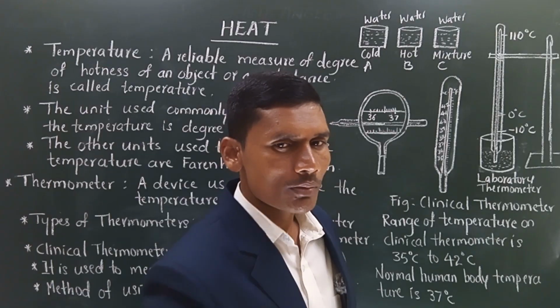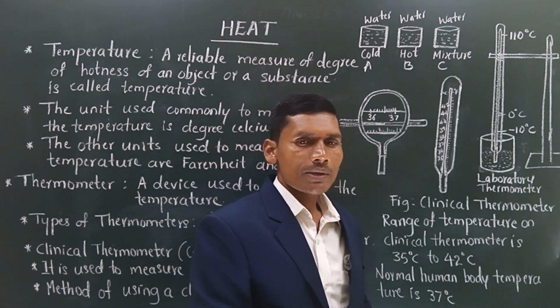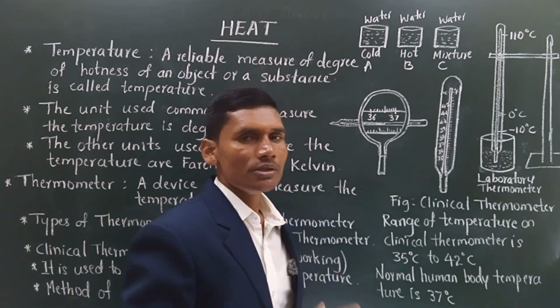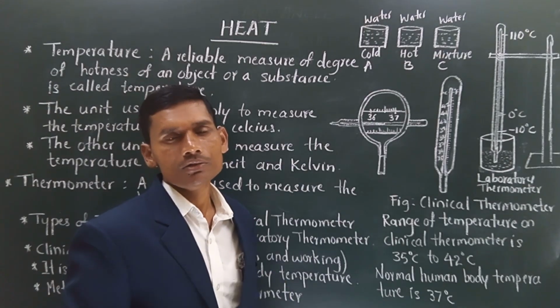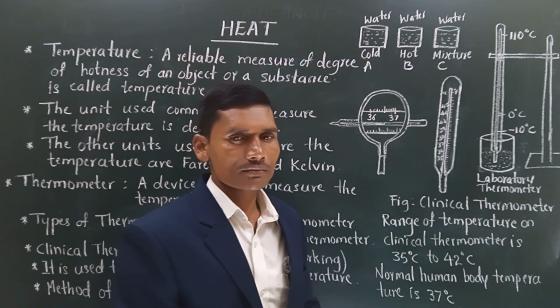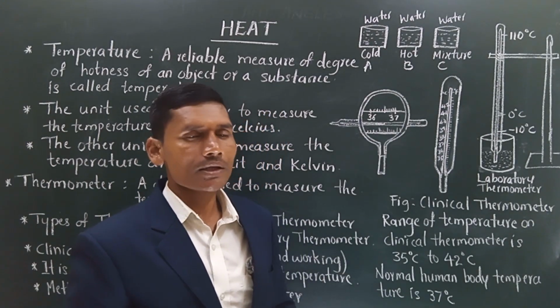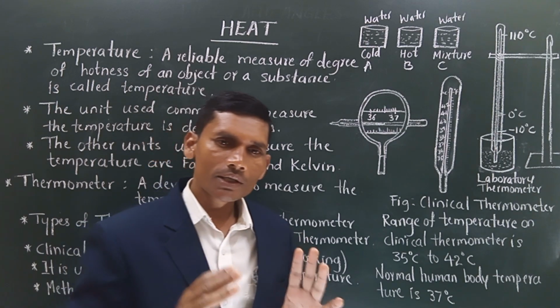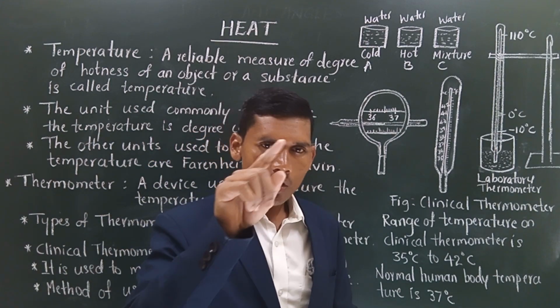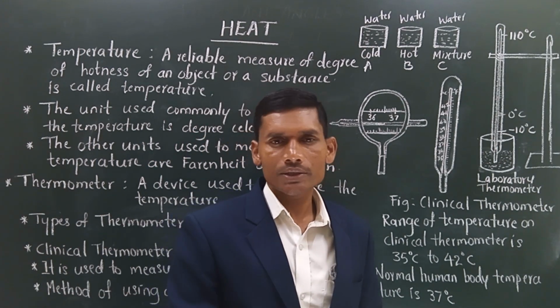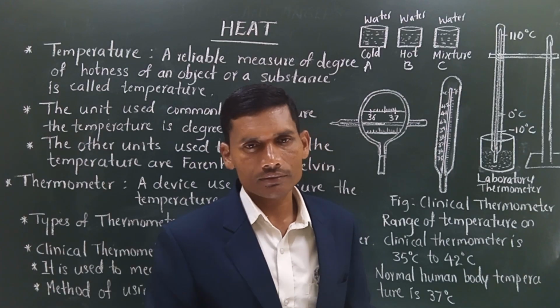Now reading the thermometer. A clinical thermometer has a temperature range from 35 degrees Celsius to 42 degrees Celsius. What is the reason? The reason is human body temperature. Normal human body temperature is 37 degrees Celsius.